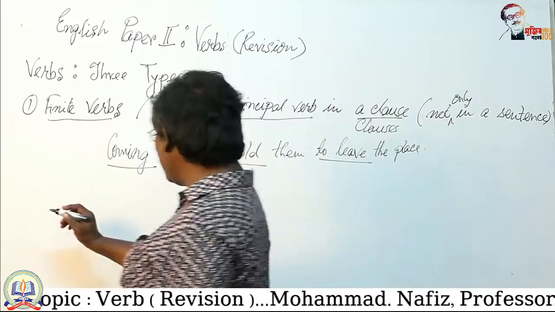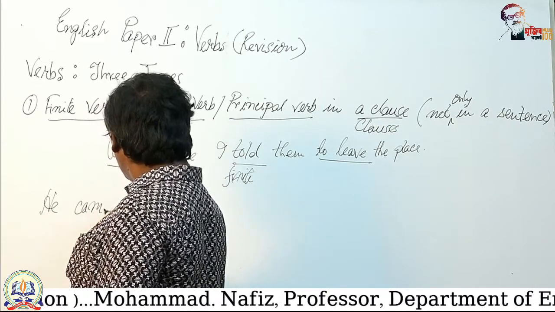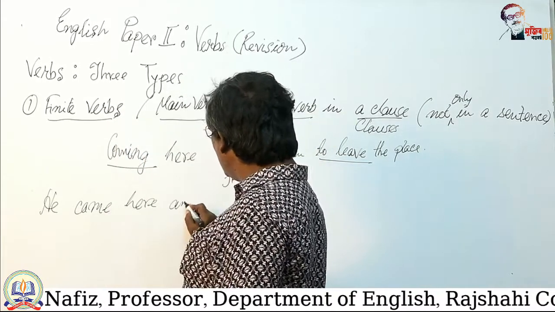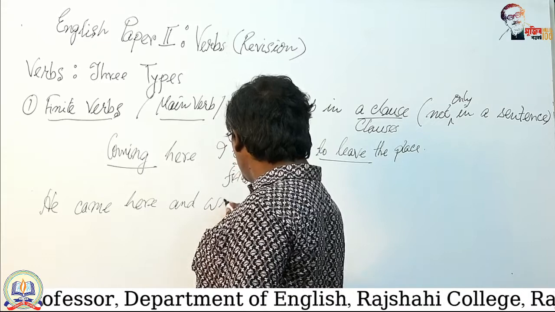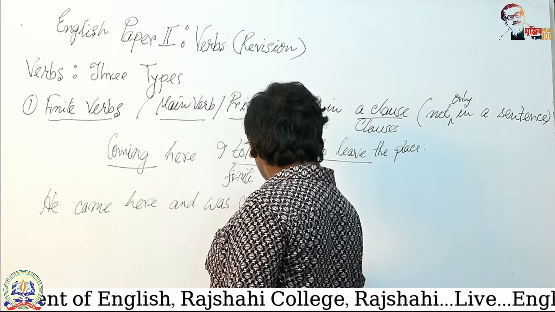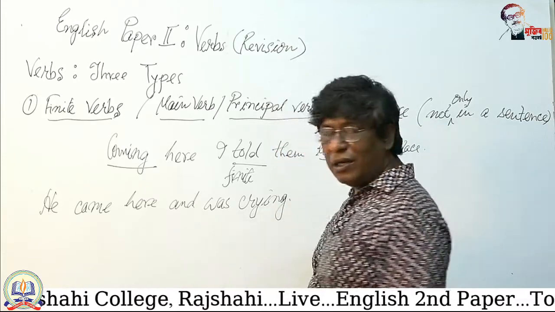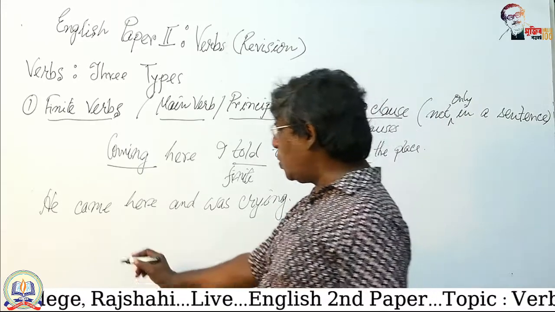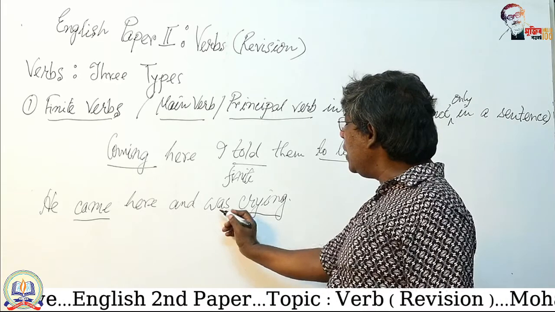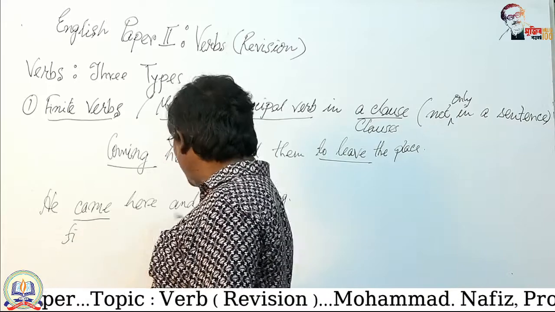Similarly, look at this next sentence. He came here and was crying. In this sentence, we have two finite verbs. One is came and the other one is crying. Was is the auxiliary verb of the finite verb crying.